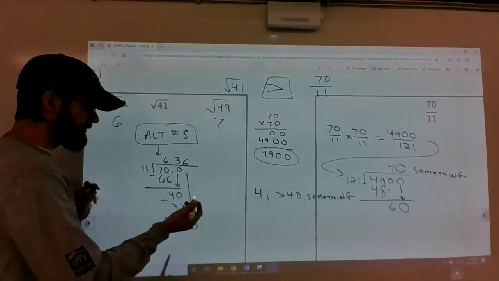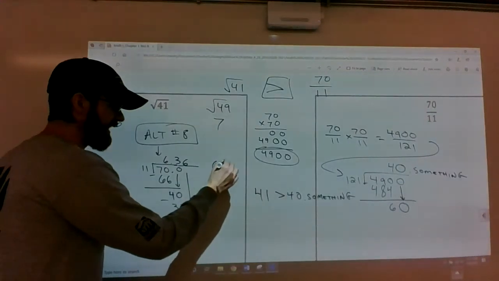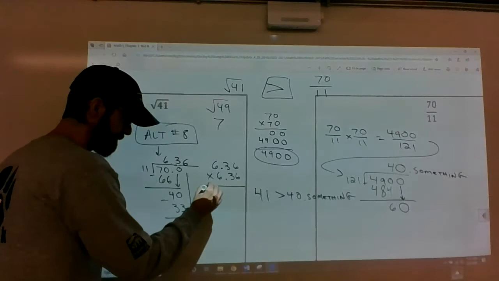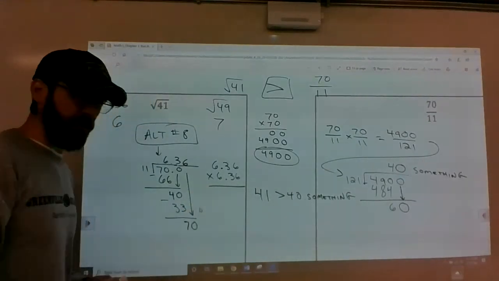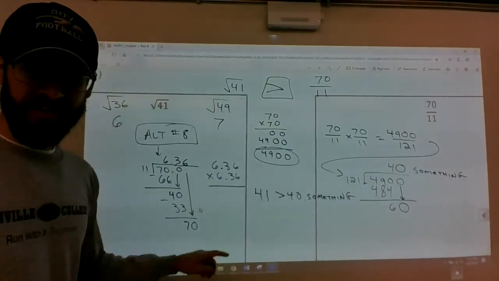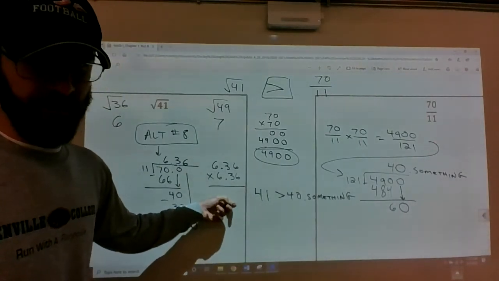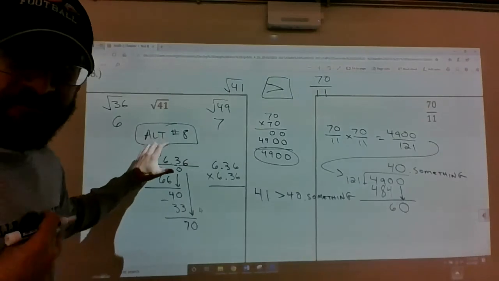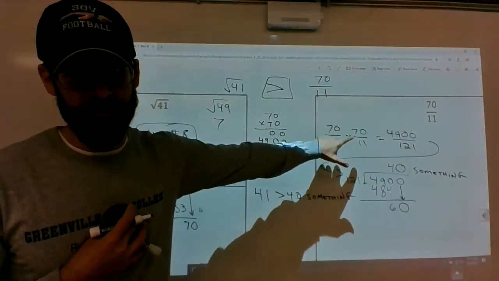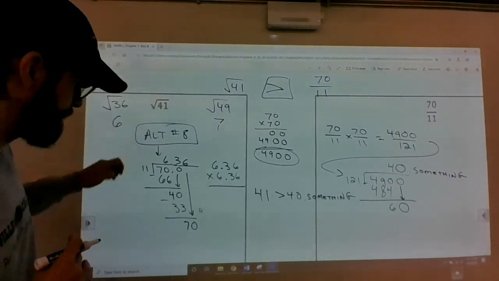Now the question is, I now got to take 6.36 times itself. It seems like we're already doing more work than we had to over here. So I'm just saying, this isn't all peaches and cream. This is not my favorite use of time.